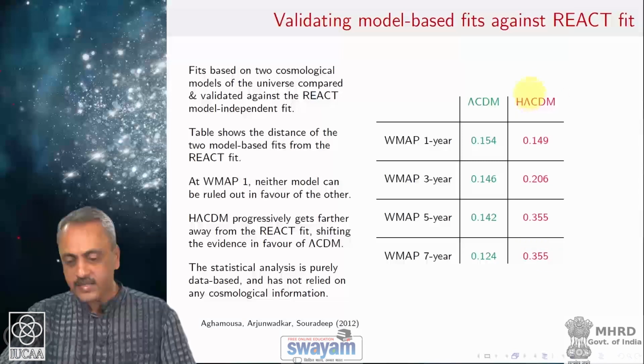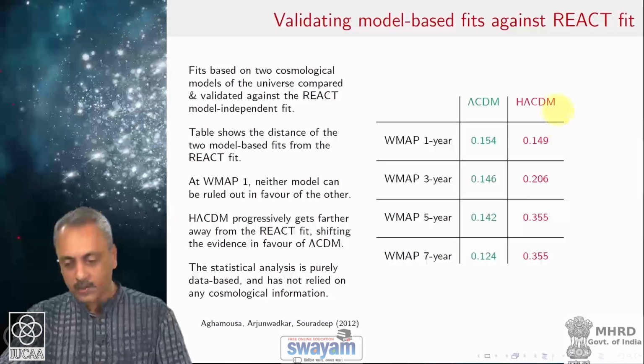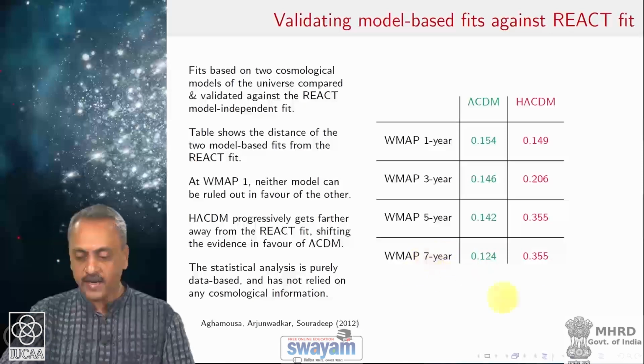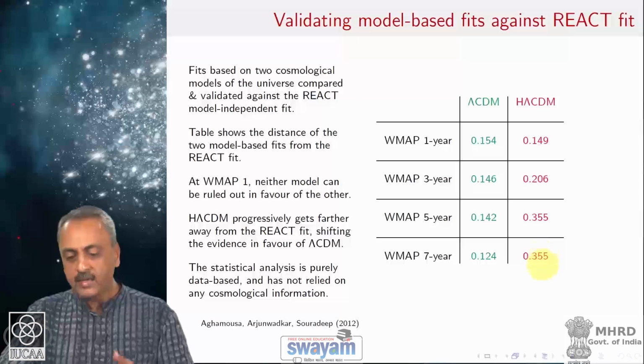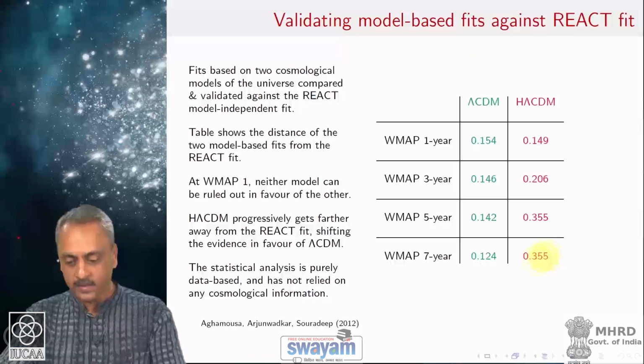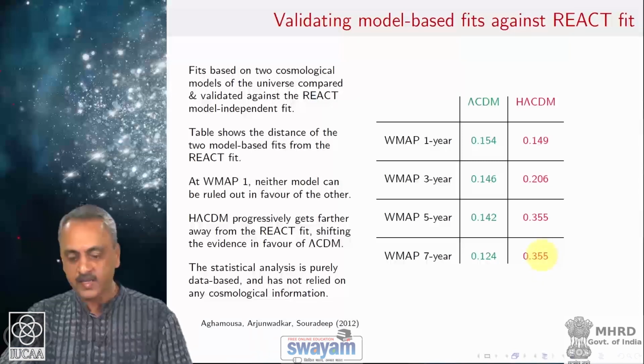I have not mentioned what confidence level this distance corresponds to. That depends both on the model and on the confidence set corresponding to that data realization. These numbers do not necessarily mean much.